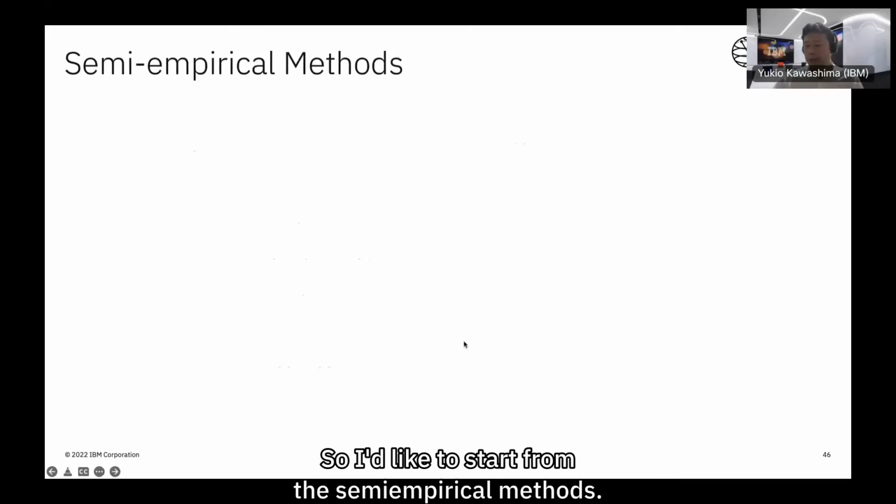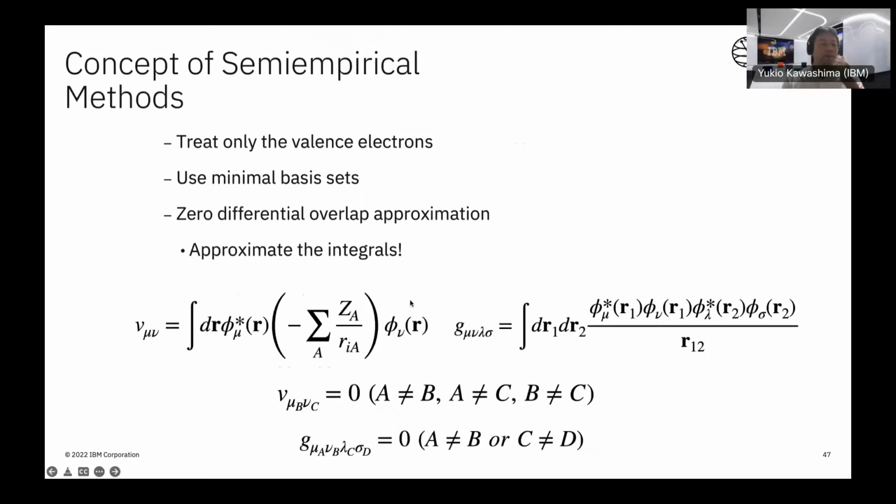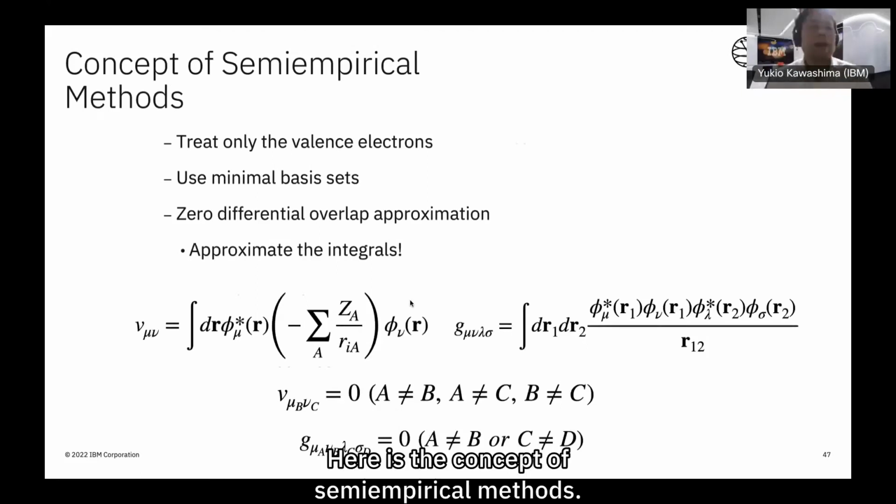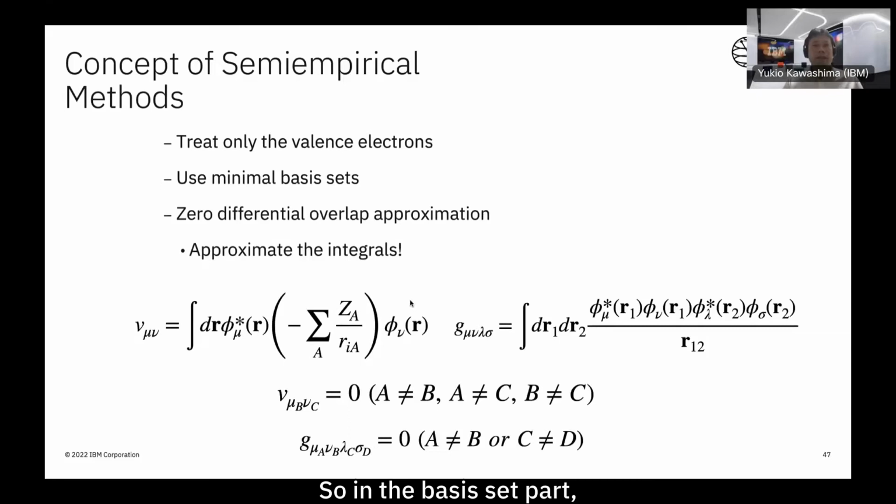So I'd like to start from the semi-empirical methods. Here is the concept of semi-empirical methods. First, we treat only the valence electrons. In the basis set part, I mentioned that core and valence are available. In some cases, core are treated with fewer functions and valence with more functions.